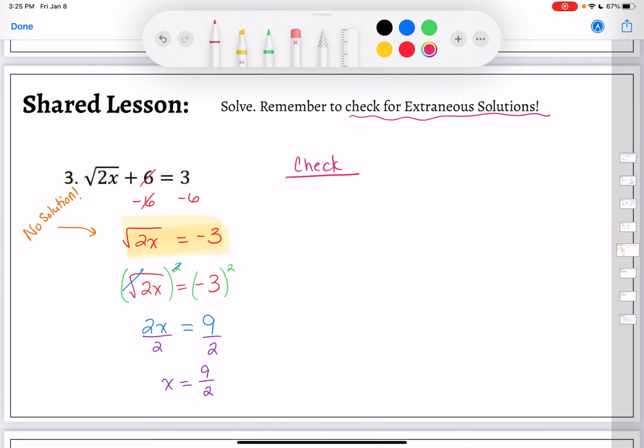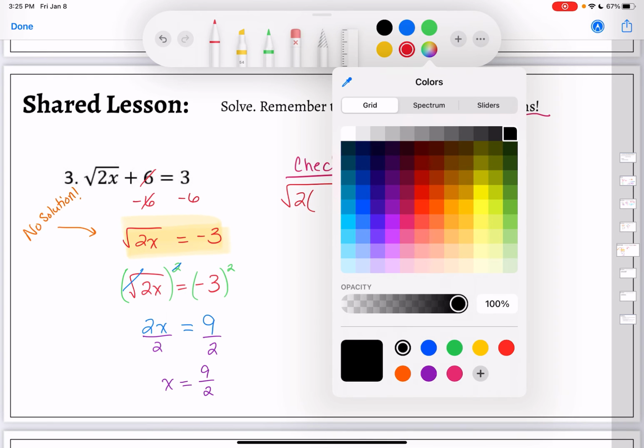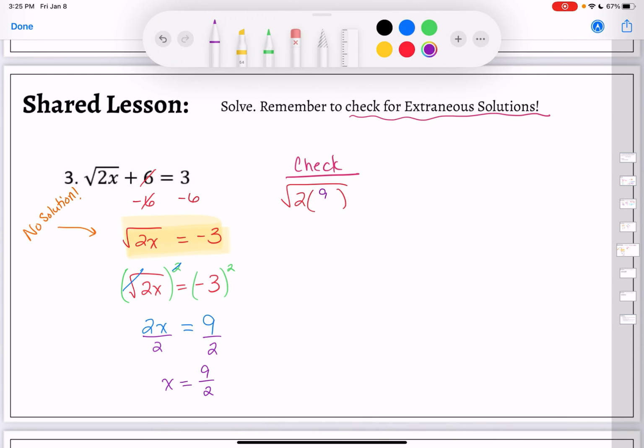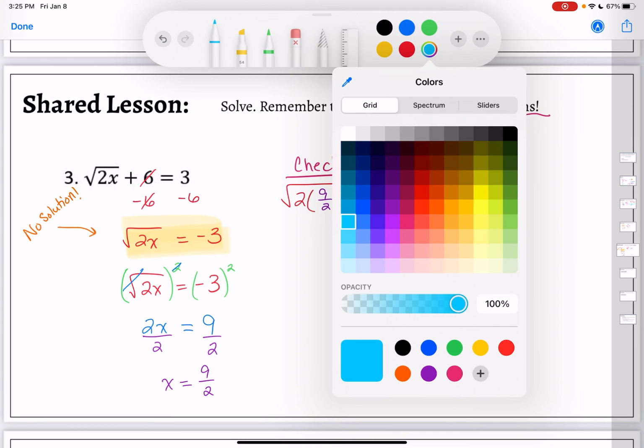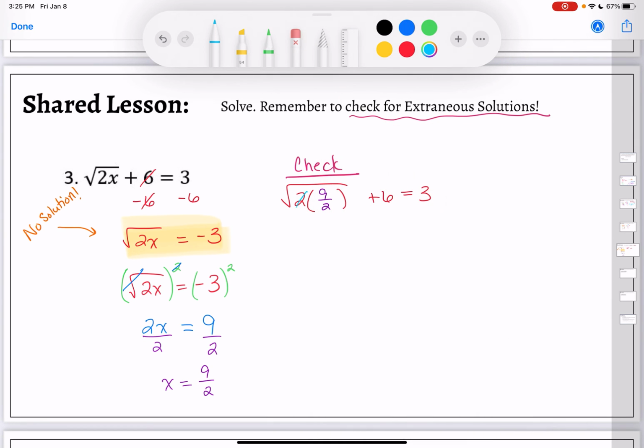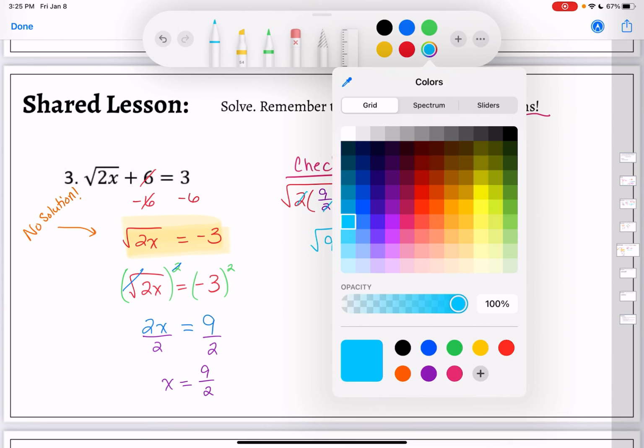So my original equation would be the square root of 2x, so the square root of 2 times x, which is 9/2, right? 9 over 2. Plus 6 on the outside is supposed to equal 3. All right, now 2 times 9/2, these two cancel out, so I'll have the square root of 9 plus 6 on the outside equals 3.